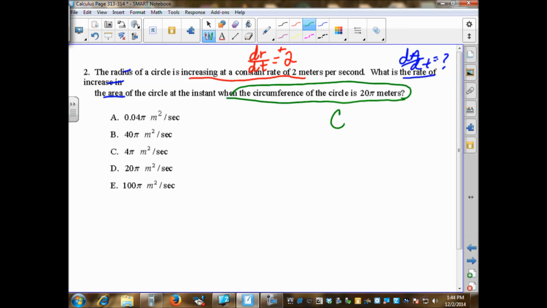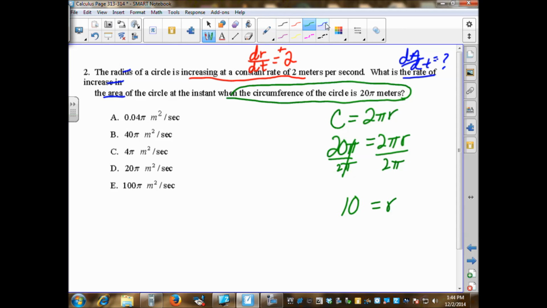We know that circumference is, what, 2 pi r, and circumference is 20 pi here. So if we solve this equation for r, that's telling us that r is 10. Because that cancels, 20 divided by 2 is 10.